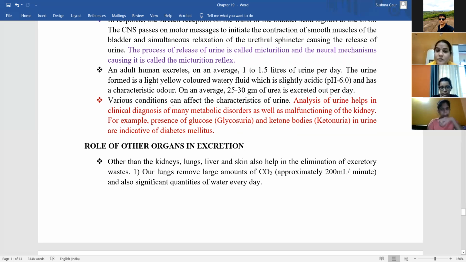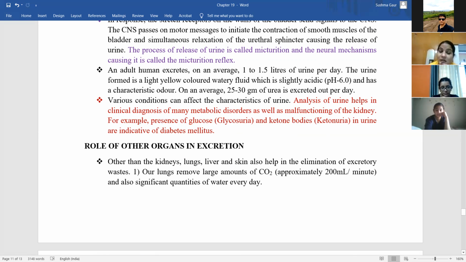The characteristics of urine are affected by various conditions, and analysis of urine helps in clinical diagnosis of many metabolic disorders. By studying the characteristics of urine of an individual, doctors are able to detect a large number of diseases, including malfunctioning of the kidney. For example, if glucose is present in the urine, that situation is known as glycosuria, and if ketone bodies are present in the urine, that is known as ketonuria.